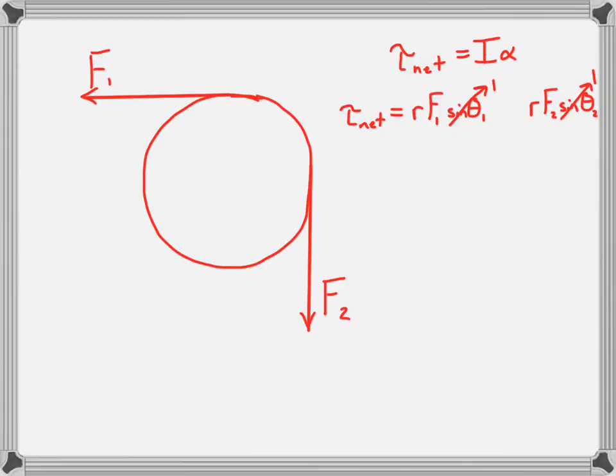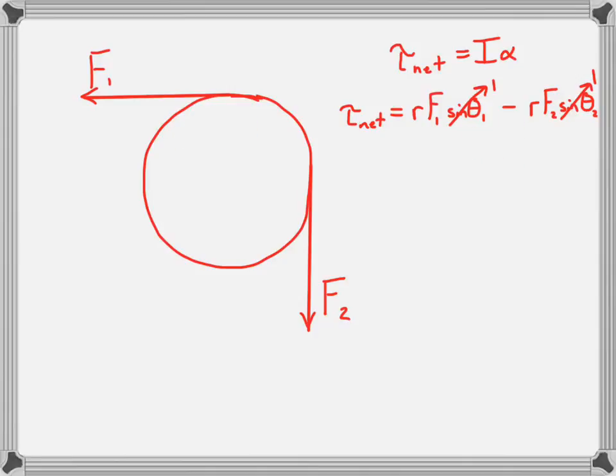Now I have to consider which torque is going to be positive and which torque is going to be negative. Well, this force up here wants to move the pulley in a counterclockwise direction, so this torque is going to be positive. This torque, on the other hand, is going to want to move the pulley clockwise, so that torque is going to be negative.